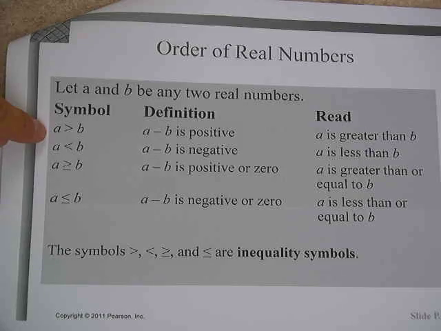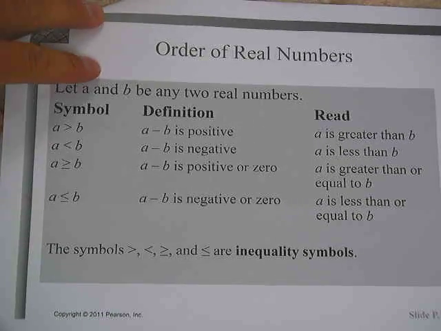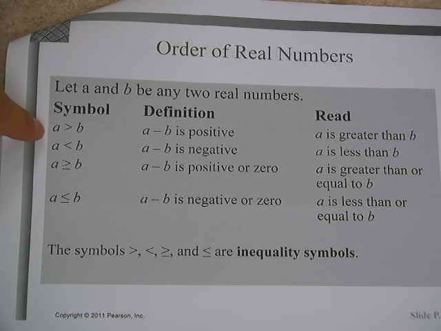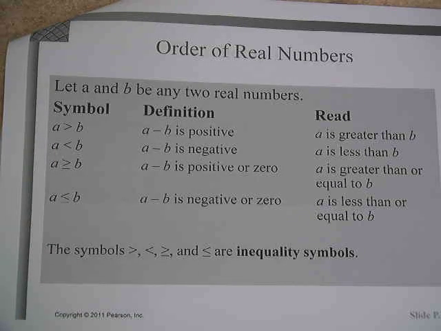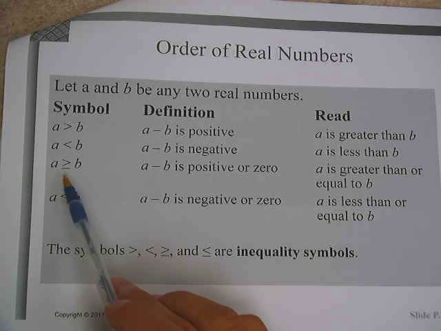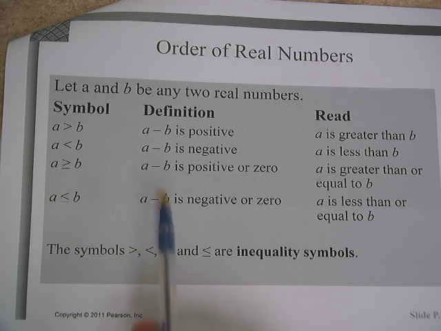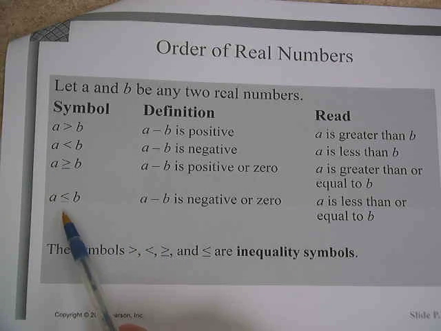What we're going to look at next is some inequality symbols. Because we're essentially going to graph some solution sets on a number line, and we're going to need to make sure we recognize the inequality symbols. And we have on the left side the symbols. A greater than B is the way that's read, of course.